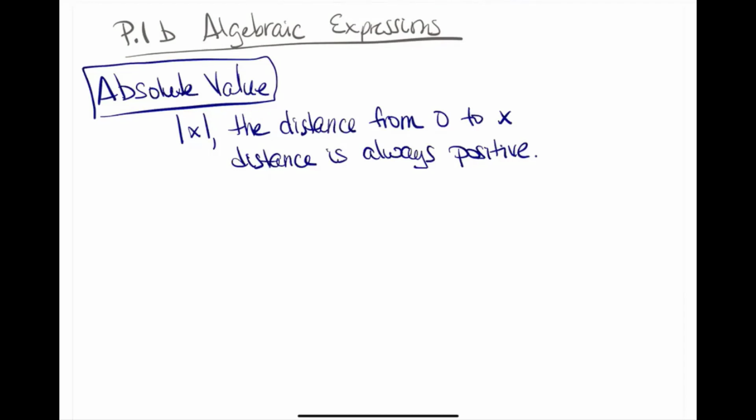So distance has to be positive. If we were to figure out the absolute value of -3, what's the absolute value of -3? 3, right? Because that's the distance from 0. What's the absolute value of 5? Positive 5 or -5? It's still positive 5, right? Because we're talking about that distance.